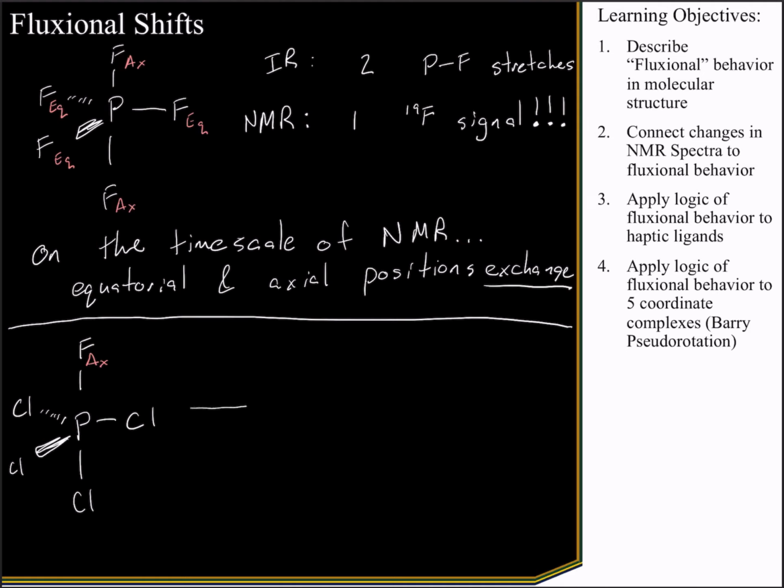And so what we're saying is that on some time scale, given some amount of energy, we can actually see this exchange occur where we end up with our fluorine in an equatorial position and we end up with our chlorines in these axial positions. And for right now, all we can say is that this particular exchange is faster than NMR.